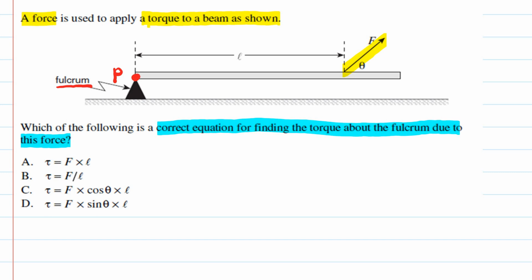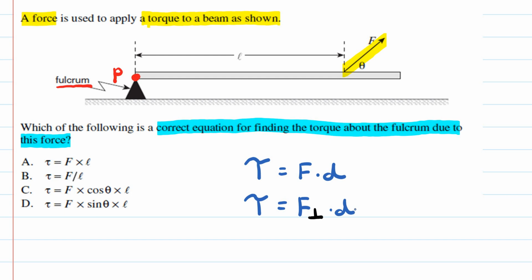Okay, so step one, I want to say that a torque is equal to a force times a distance. More specifically, the force that we want is this perpendicular force times d.